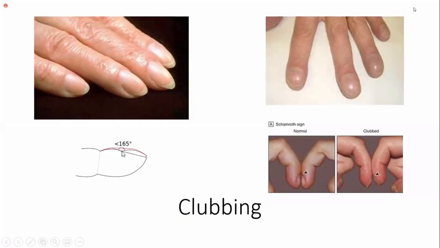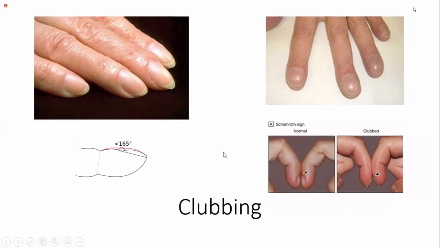The skin is like that, and then there is the nail, and between the skin and the nail, there's an angle. Usually there's an angle of more than 165 degrees between the nail and the skin. This is normal.